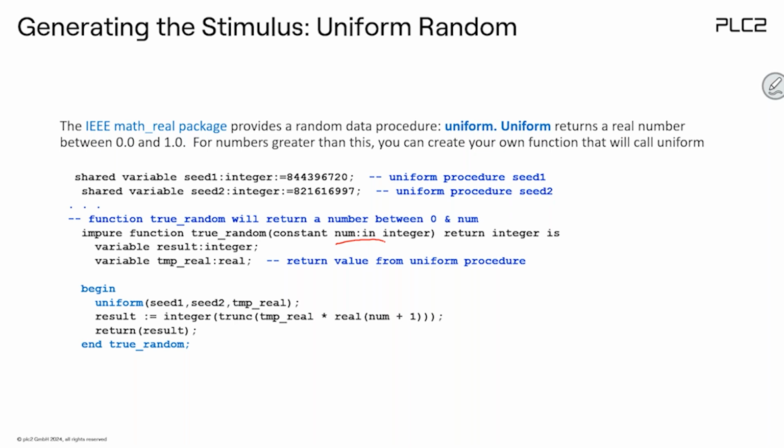Remember, uniform gives me back a random number between 0.0 and 1.0, which is then multiplied by this num, so this is actually the range. If the number is 10, you will get a random number between 0 and 10. If the number is 100, you will get a random number from 0 to 100. That's nice stuff to run a simulation with random numbers for your FPGA.